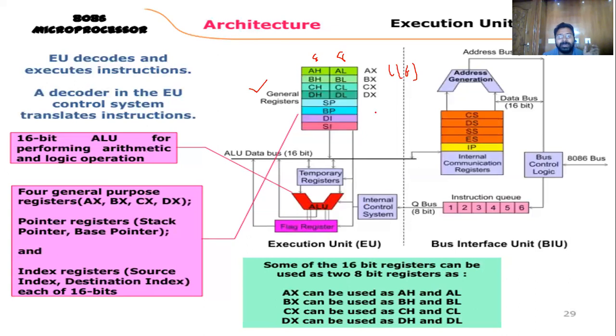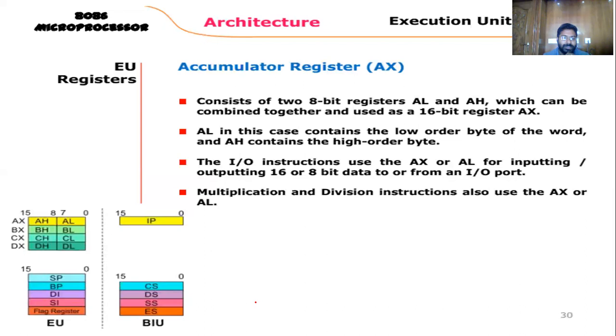At the same time, it has some registers: the stack pointer, base pointer, destination index, and source index. These are responsible for producing the addresses with the code segment register, extra segment register, and stack segment register. Then you can see the execution registers, the accumulator.